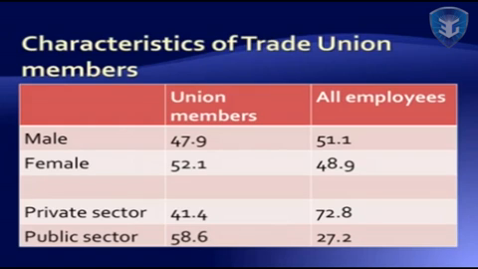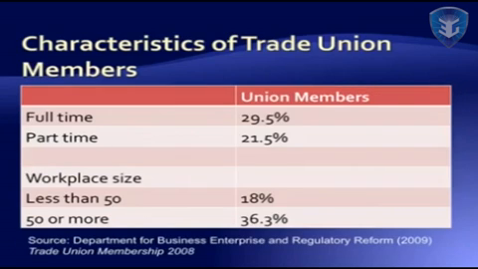Finally, it's worth getting a sense of the characteristics of present trade union members. What we can see here is that women are more highly unionised than men, and that unions are generally stronger in public sector workforces than in the private sector. Trade unions have also found it rather more difficult to organise part-time workers.